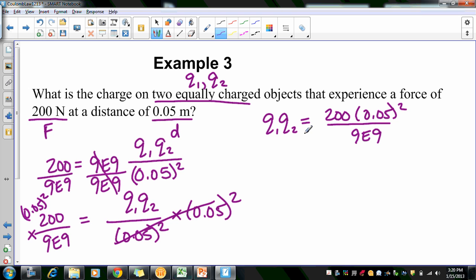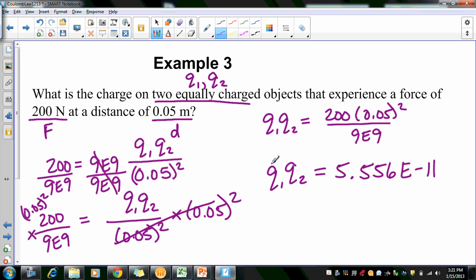So why don't we find this value first? So 200 times 0.05 squared divided by 9E9 gives us Q1, Q2 equals 5.556, so it's 5 repeating, E negative 11.